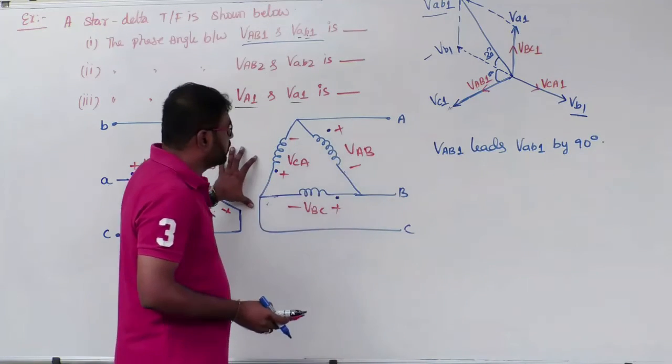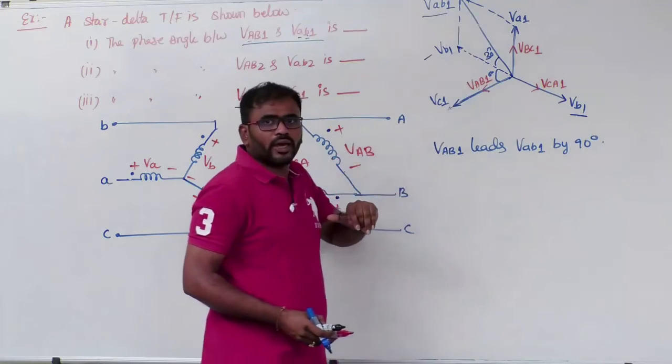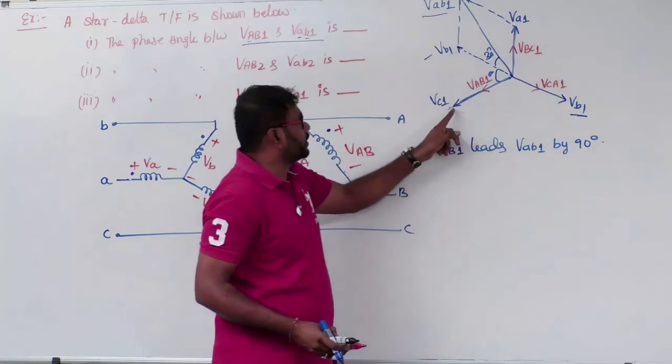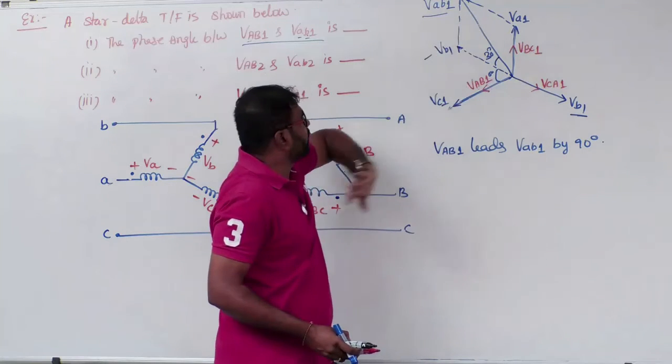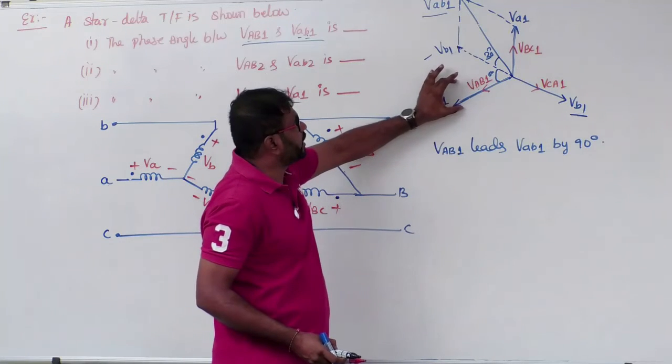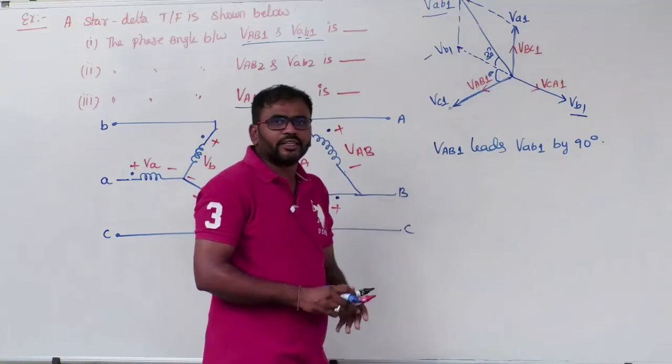For this question, capital VAB1 is here, small VAB1 is here. In this direction, who is coming first? Capital VAB1, next small VAB1. So that's why I can write, capital VAB1 leads small VAB1 by 90 degrees.